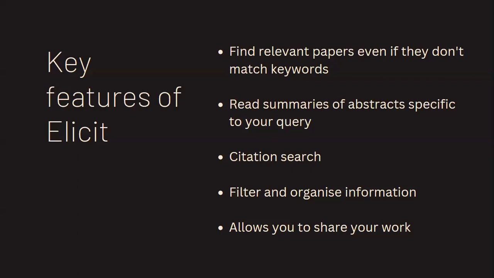Then you can also look at the sources that consulted that very paper. Elicit can do that very well. It can also filter and organize information, and help you share your information. Let's say you're conducting this research as a group. You can do some work, then copy and share a link with a colleague, and the colleague can take off from where he stopped.